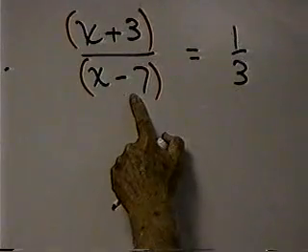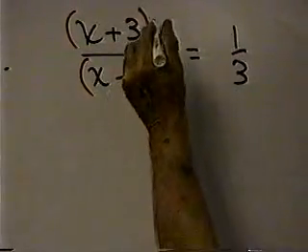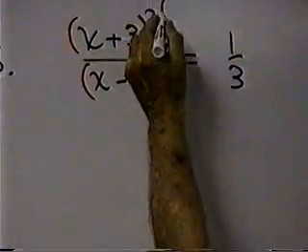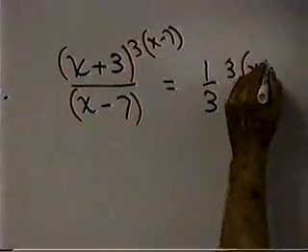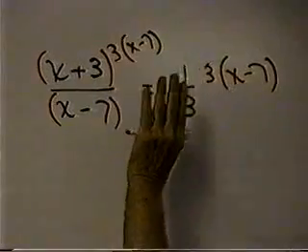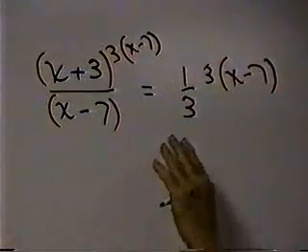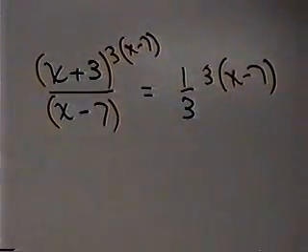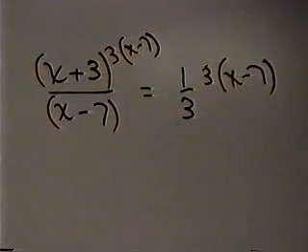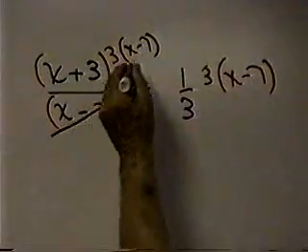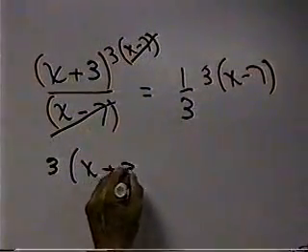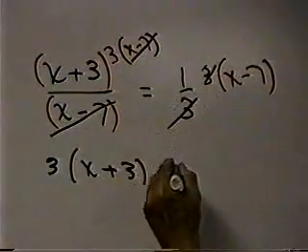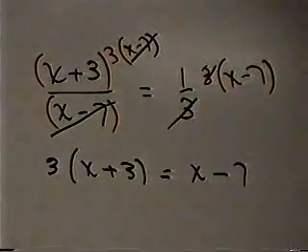So we're going to multiply everything by 3 times x minus 7. Multiply everything over here by 3 times x minus 7, everything over here. Okay, so what do we have? This divides out, and we have left 3x plus 3, and this divides out, and we have x minus 7.